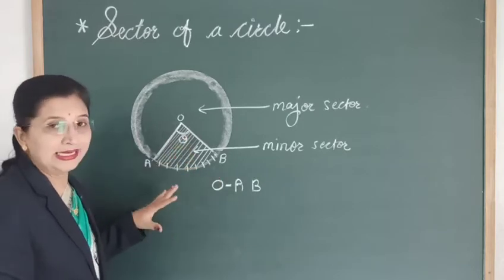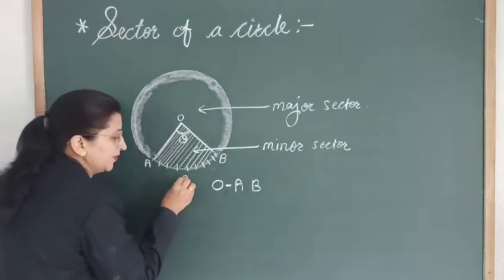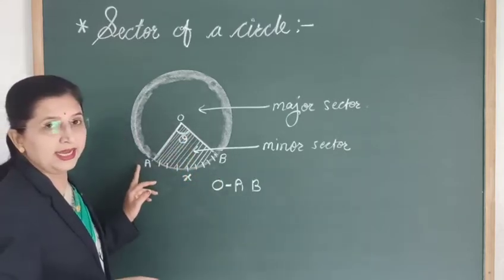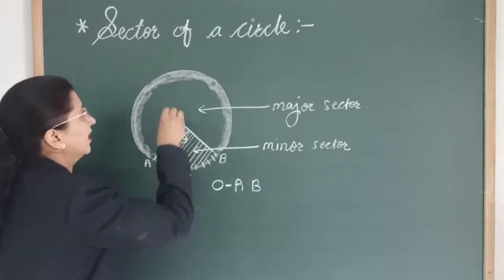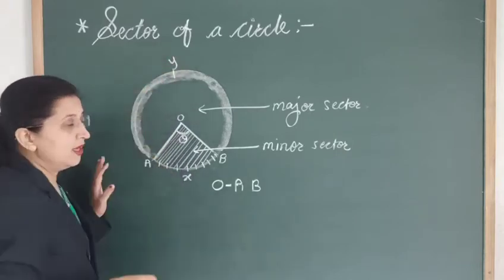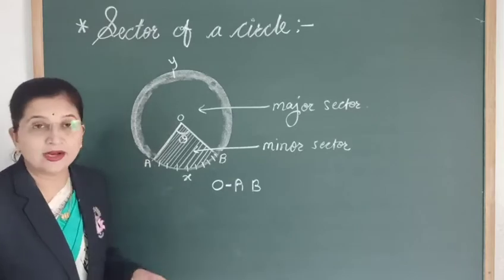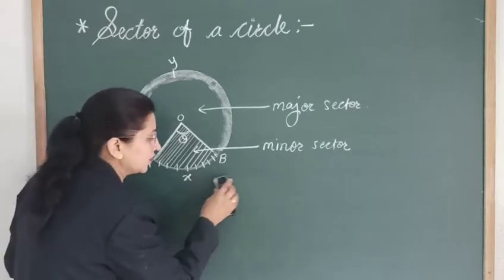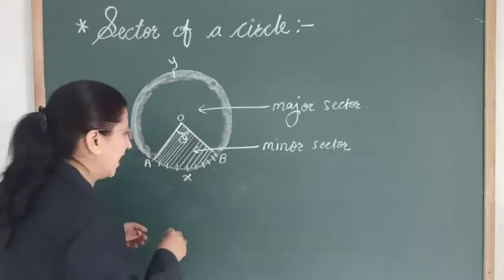To make it clear, let's take another point between these two points A and B, similarly on the other side. To make it clear which sector we are considering, we can write the name of the sector like this.